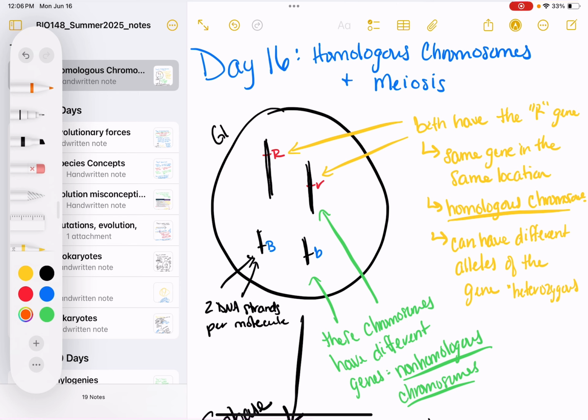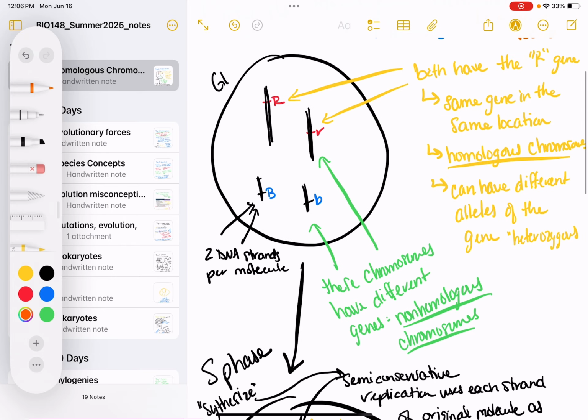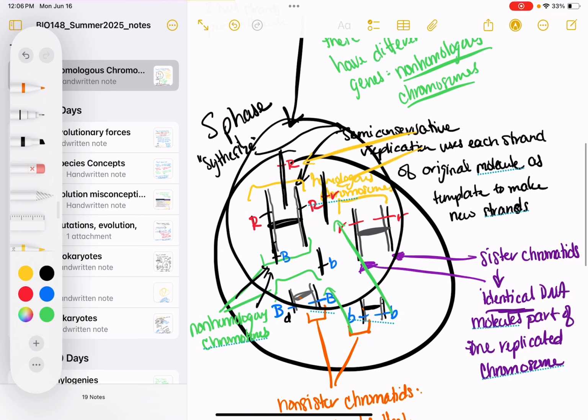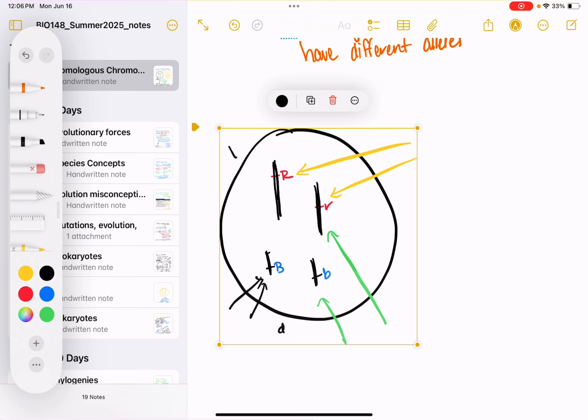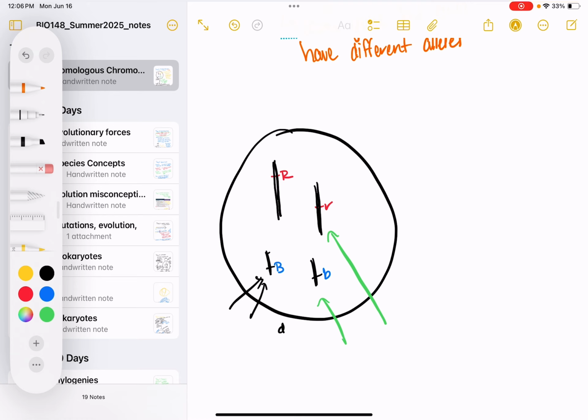So we did homologous chromosomes, another vocab, right? And now let's start playing with these. So I'm going to just take this cell to start, copy it, pull it down, okay? Let's clean this up because we don't need all the definition things right now.